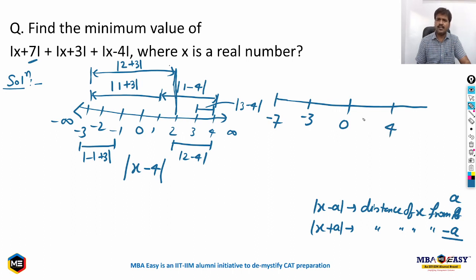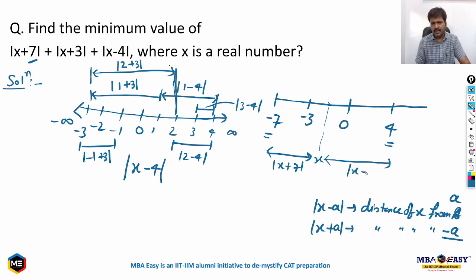Right? Now, look at these two extremes, -7 and +4. If you take any x in between, say you take your x here, so this distance is mod of x plus 7, and this distance is mod of x minus 4. The extreme points are -7 and +4.